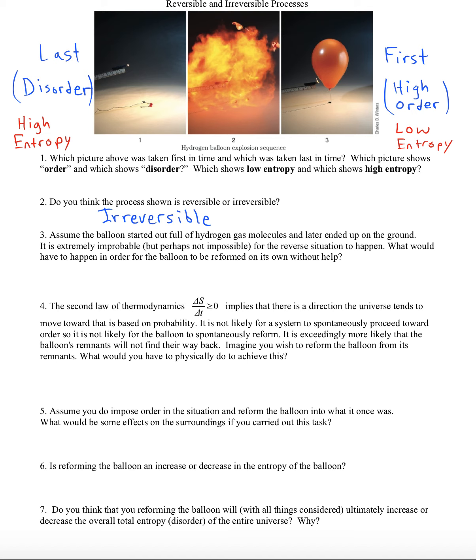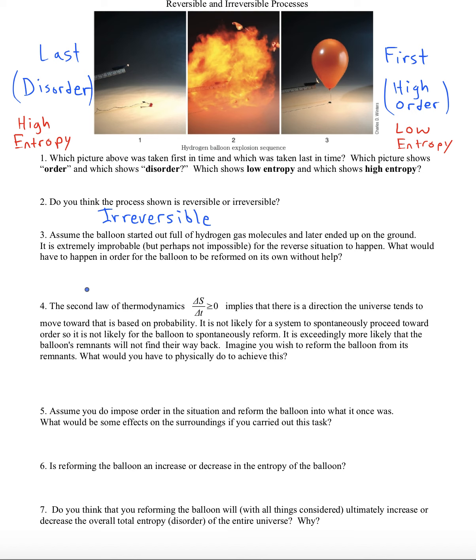What would have to occur if the balloon were to reform on its own without help? So in other words, what would it take for picture 1 to actually be the first picture, and then number 2, and then number 3 came later?